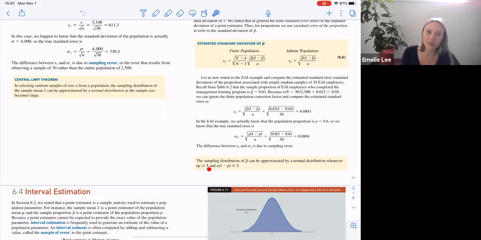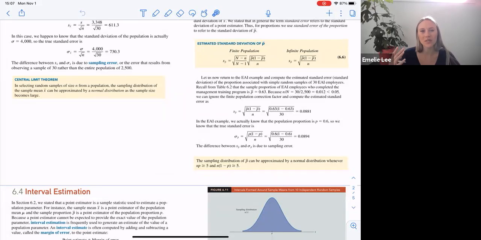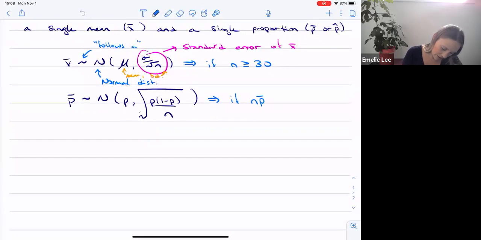They're actually using greater than 5, where it's pretty typical that we use 10, but 5 is fine by me. So if n P is greater than or equal to 5, and n times 1 minus P is greater than or equal to 5.